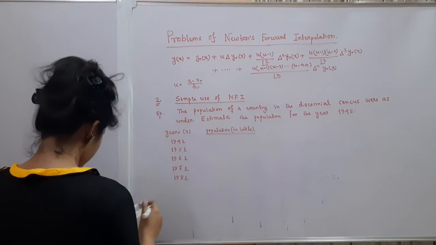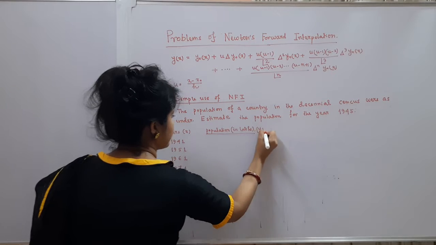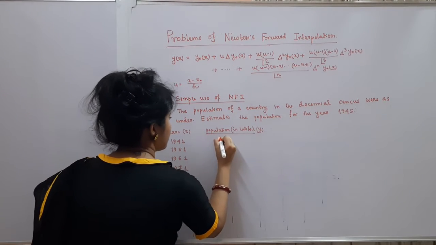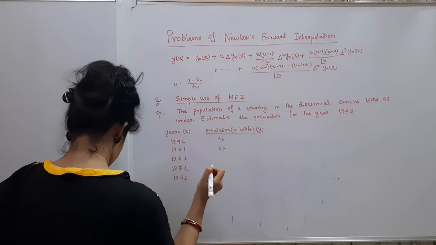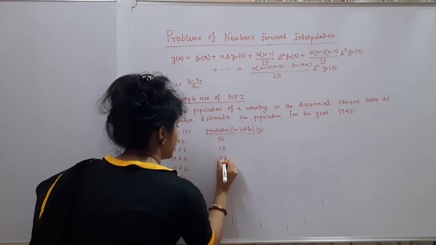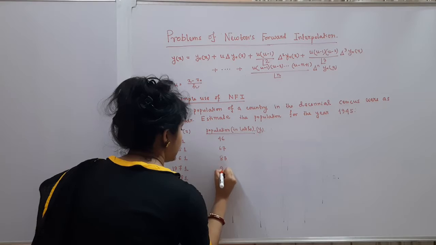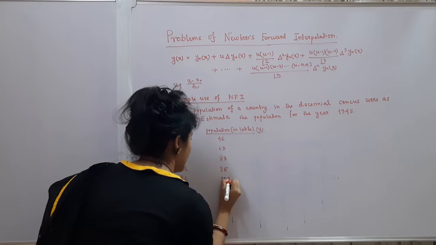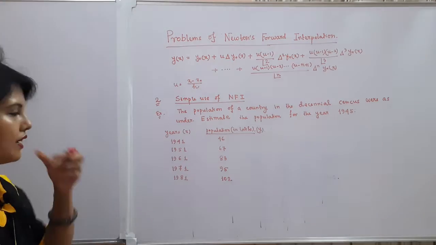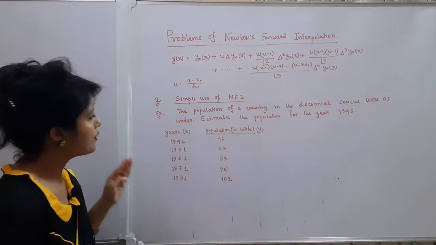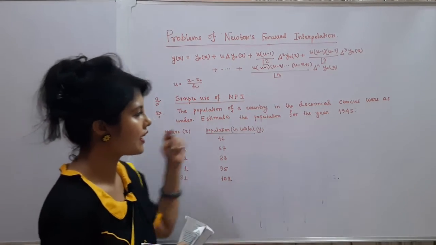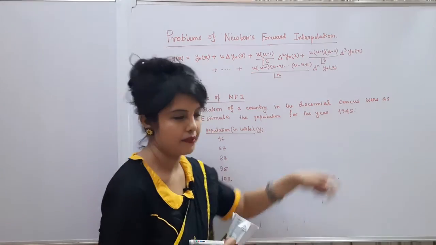It is given as, that is y. It is given like that: 46, 67, 83, 95 and 102. Okay, so this is the problem that is given to you. Now you have to estimate the population for the year 1945.